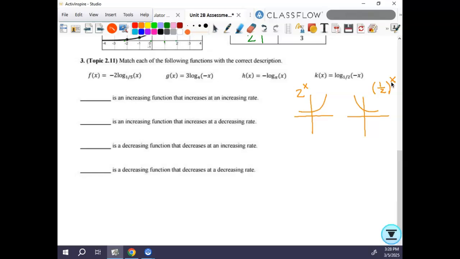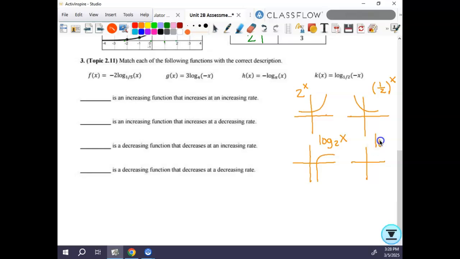Then we know that the logs are inverses of exponentials. So your generic log, kind of the first thing you think about, would be this. This would be like log base 2 of x. And notice how these two, when we change between these two, it's a reflection in the y-axis.